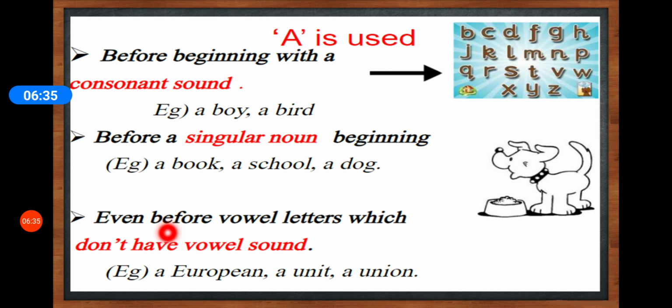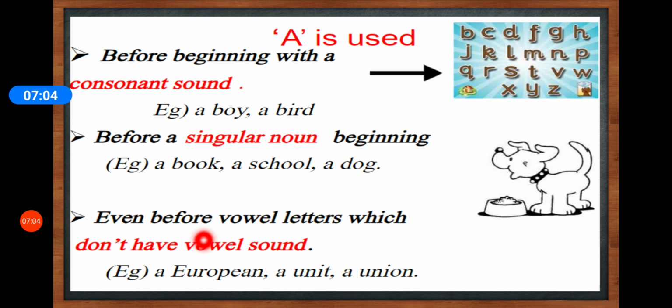So, we have an example, a European, a unit, a union. Now concentrate very carefully on the sound, European. The sound is U, which is not a vowel sound. That means it is a consonant sound.